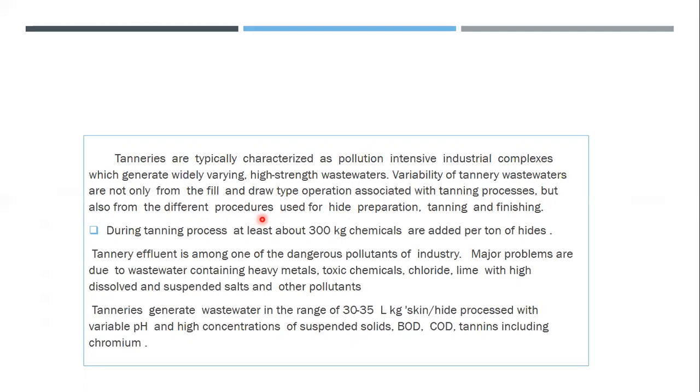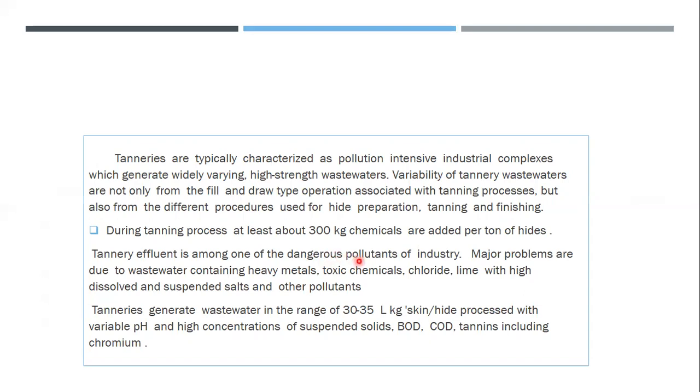During the tanning process, at least about 30 kg of chemicals are added per ton of hides. So the tanning effluents are one of the most dangerous pollutants for our environment and for our industries.